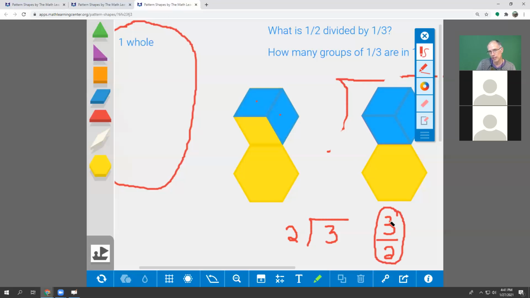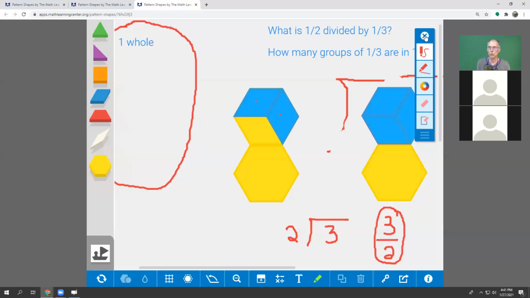Now, if you think about that for a minute, these two pieces right there, that's viewing the 1/3 as 2/6. And this is viewing the 1/2 as 3/6. So let me get to my other drawing board so I don't have to draw with my mouse. 1/2 divided by 1/3.